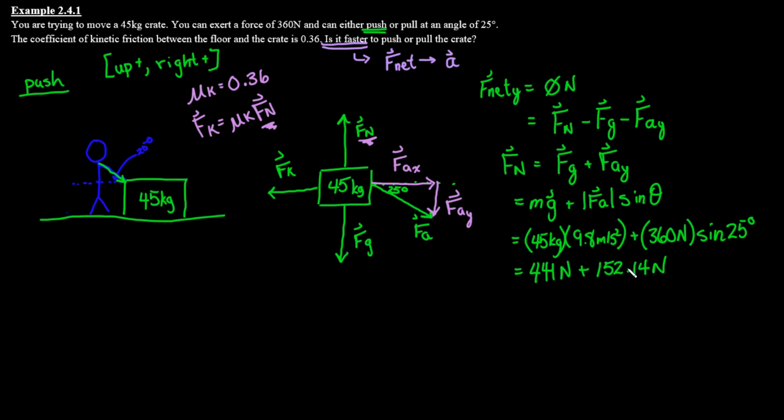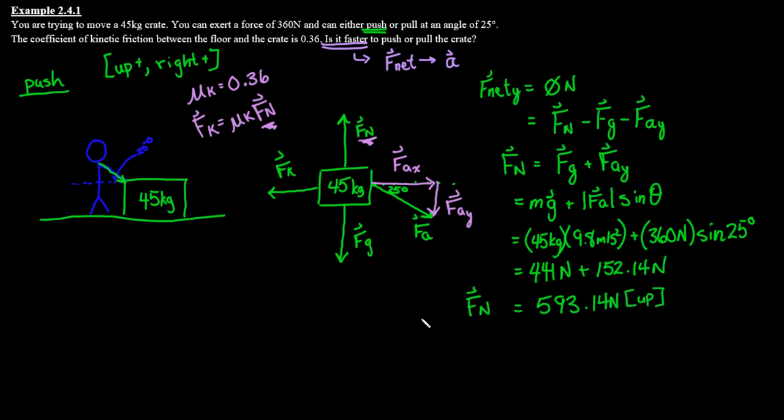This already has 5 there, so I think that's more than enough. Okay, so when we add that to 441, we get that the force of normal is going to equal 593.14 newtons in that up direction. Okay.